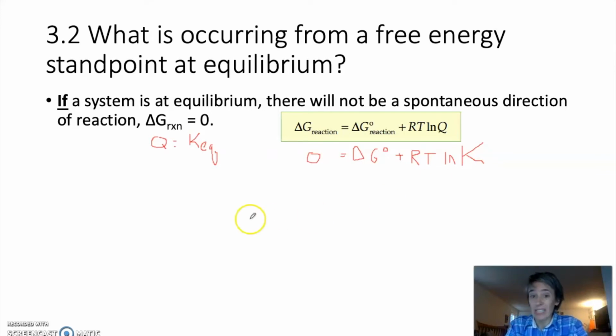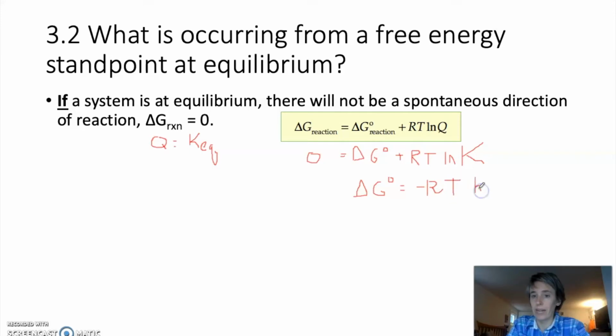And if I just rearrange this a little bit, I can see that there's a direct relationship between standard state free energy and that equilibrium constant K. Just bring the RT ln K part over to the other side, which would make it negative, but I'm just going to write it over here for a little bit of ease.